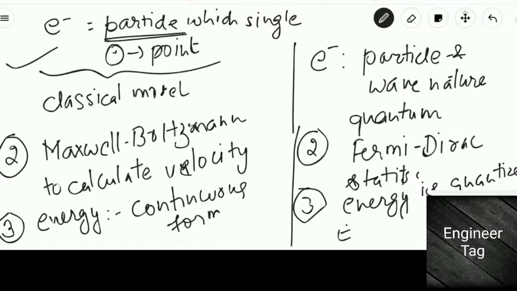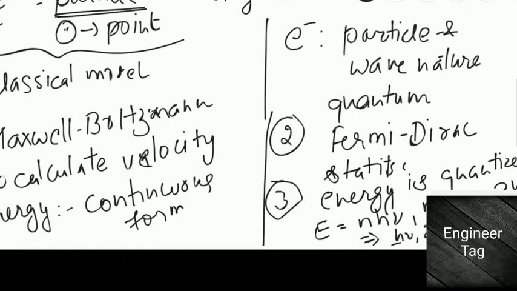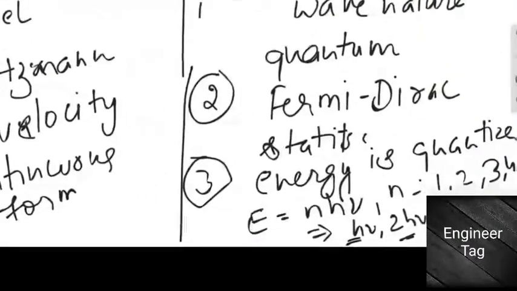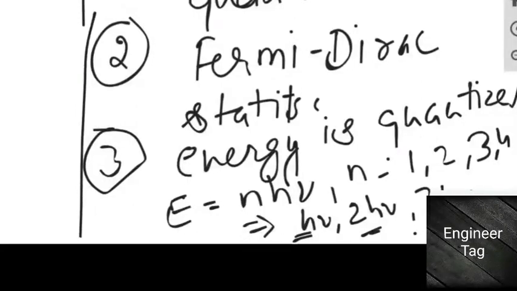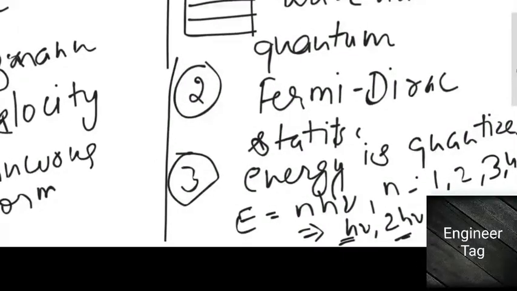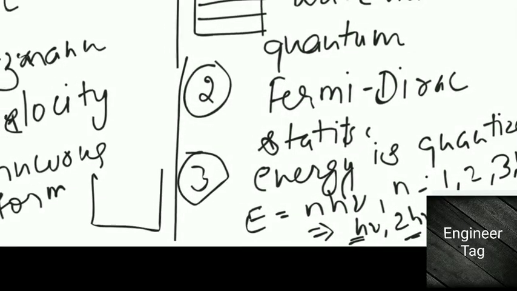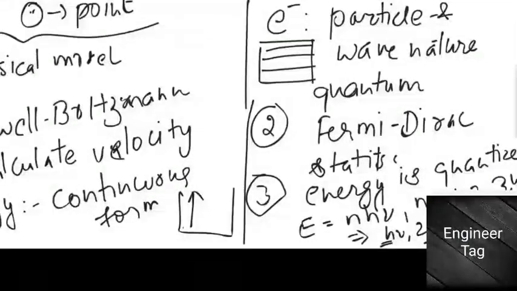Here energy is nh nu, where n is 1, 2, 3, 4. So energy will be h nu, 2h nu, 3h nu, 4h nu. That means you have discrete values of energy, so if you draw a diagram, the energy levels will be discrete. But in this case, you get continuous energy levels. There it forms a band.